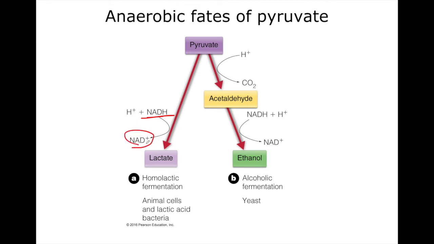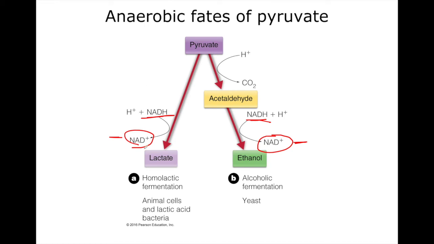So they're regenerating NAD+. This occurs in animal cells under low oxygen conditions, and in things like yeast under anaerobic conditions. The conversion to ethanol takes the NADH and oxidizes it, so it regenerates the NAD+. And that's the key here. These two pathways occur in different organisms, but the reason these pathways occur is to regenerate NAD+.